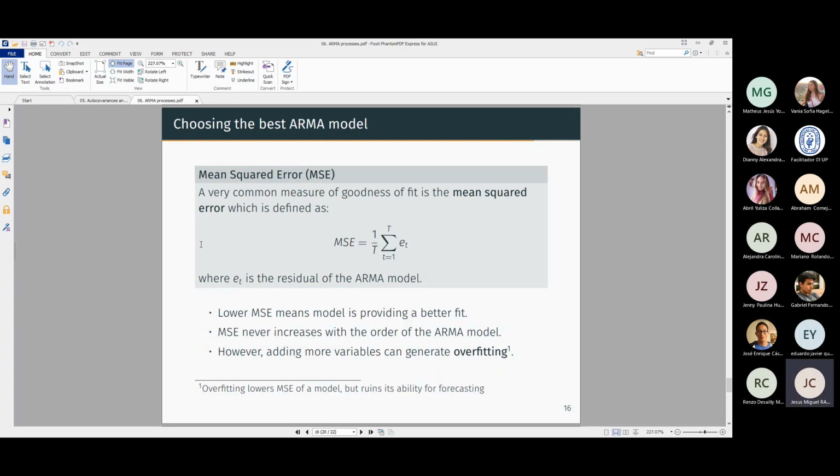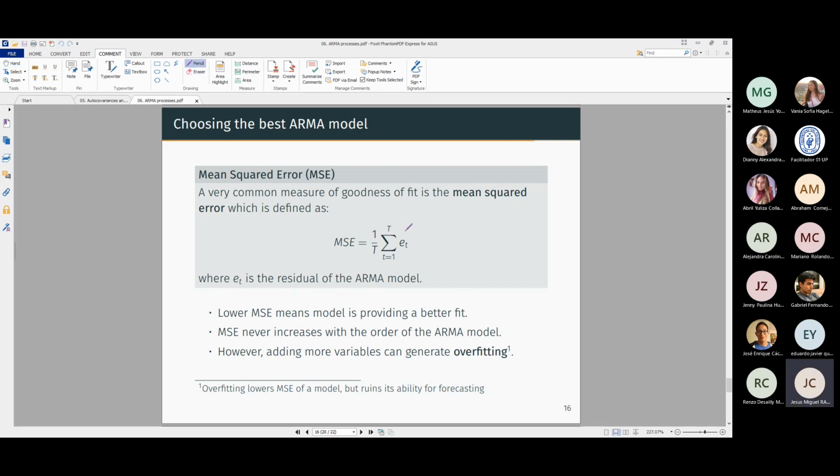Now, how to choose the best ARMA model? I told you there are different ways of selecting models. One way is using the mean square error. Here I forgot to comment, here must be a square.